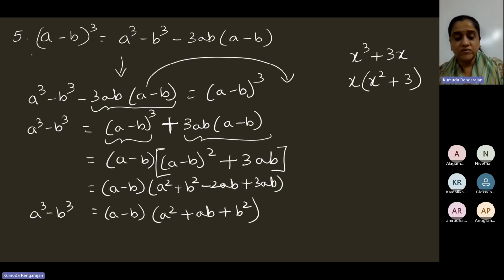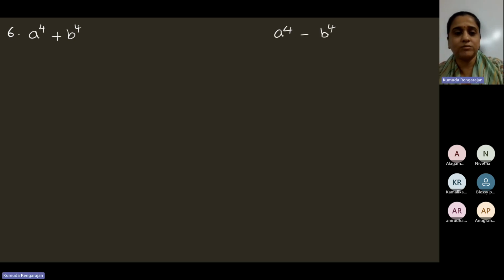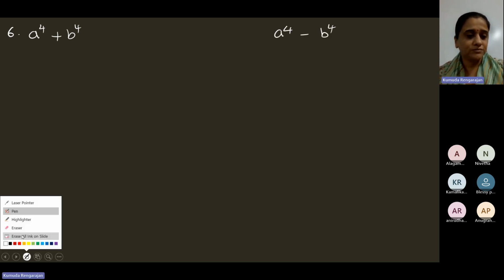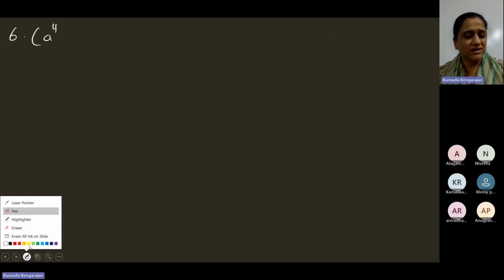So after this, we have a to the power 4 plus b to the power 4 and a to the power 4 minus b to the power 4. Okay, so we do these two. Let me do a to the power 4 minus b to the power 4 first. You can write this as (a square) the whole square minus (b square) the whole square.